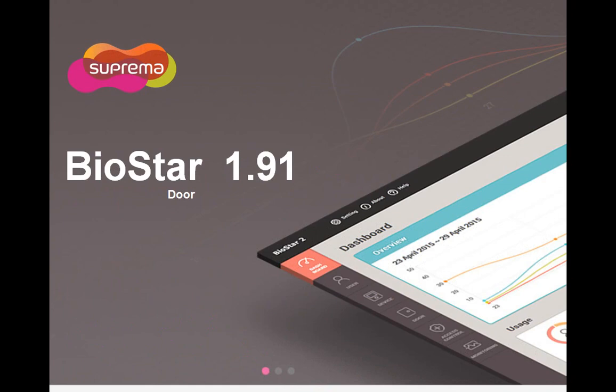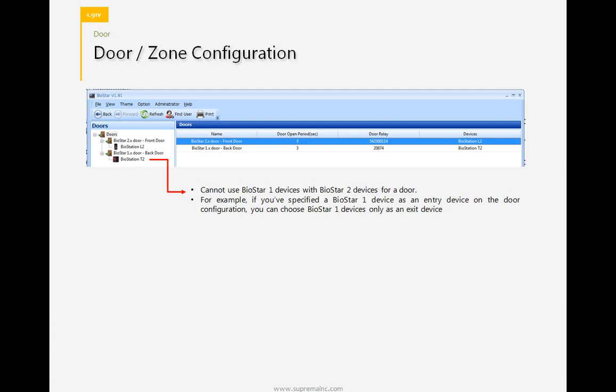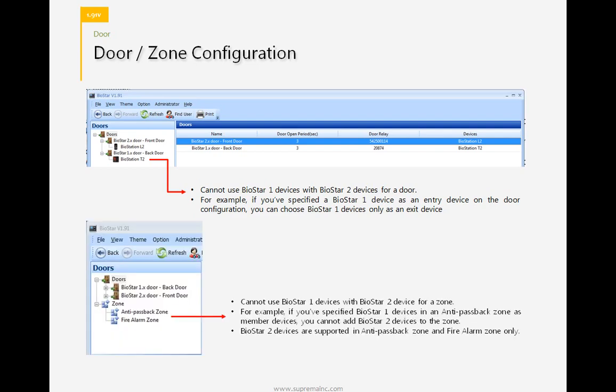Now, from the door's perspective, the limitations and the differences. For a door, simple: you cannot use version 1 devices with version 2 devices. So for one same door, you cannot have version 1 devices and version 2 devices. The same applies to the zone.